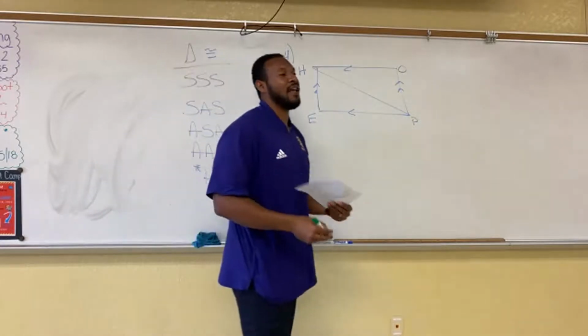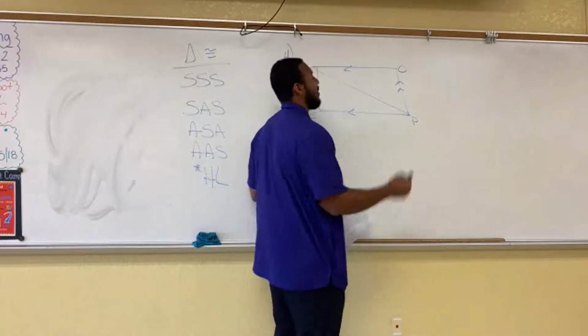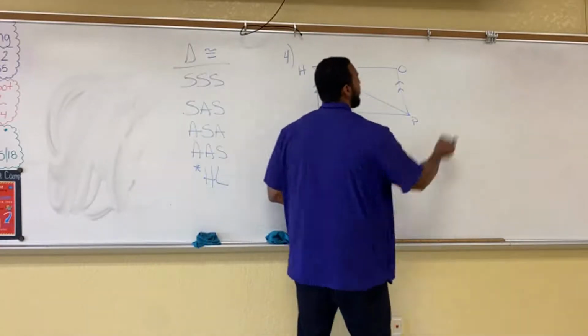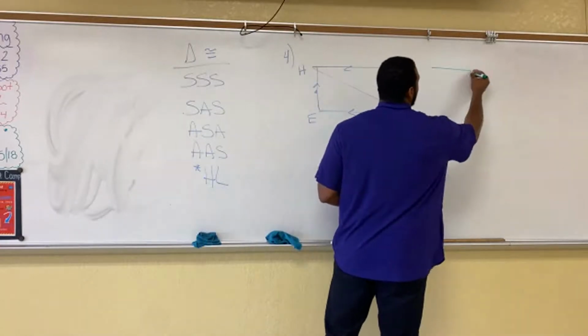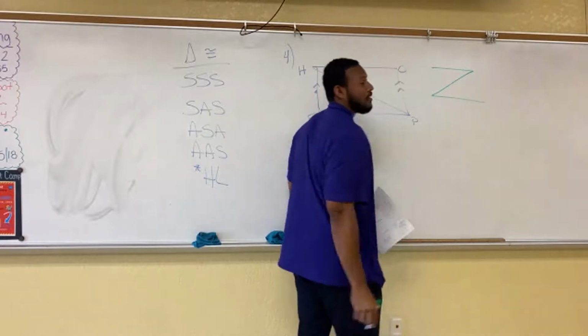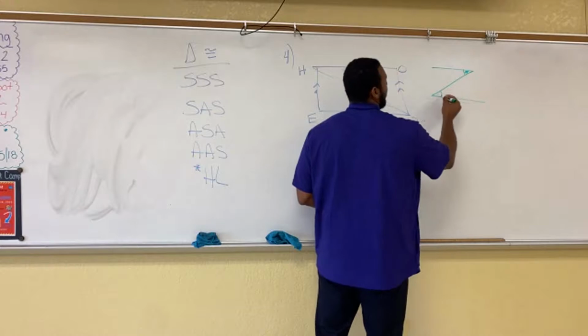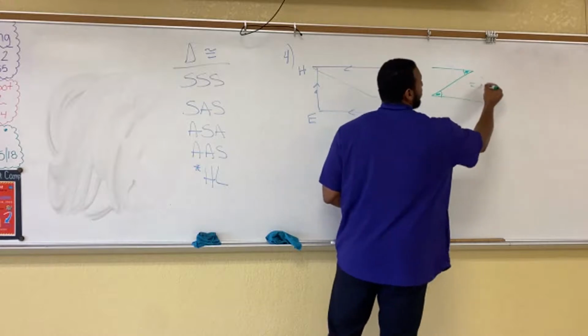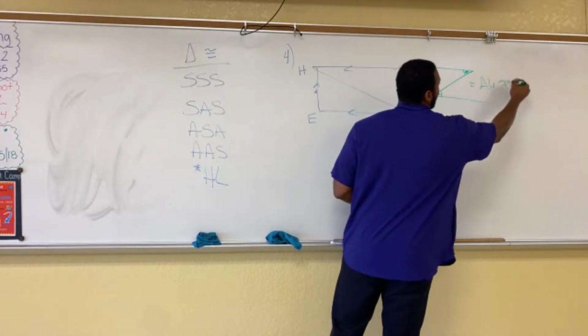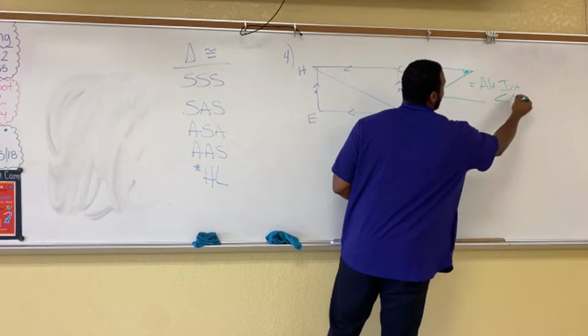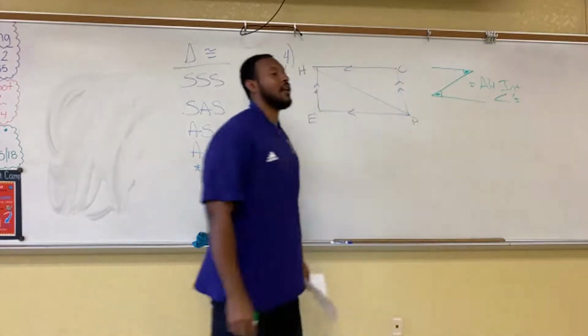So guys, let's expand on that. I'm gonna give y'all a hint, and y'all gonna use this every time. Watch this. What shape is that? A Z. Here's my hint to y'all. Anytime y'all see a Z, you're gonna have alternate interior angles. Make sure I write that down somewhere. That will save y'all a lot of stress.